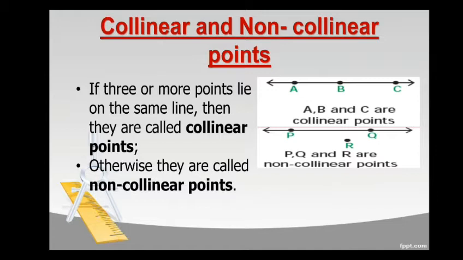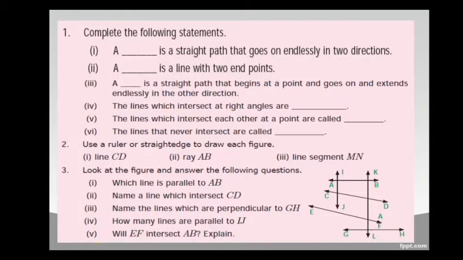So till now we have seen what a line segment, parallel lines, intersecting lines, and collinear and non-collinear points are. Using this, we'll answer this question. First, complete the following statement.